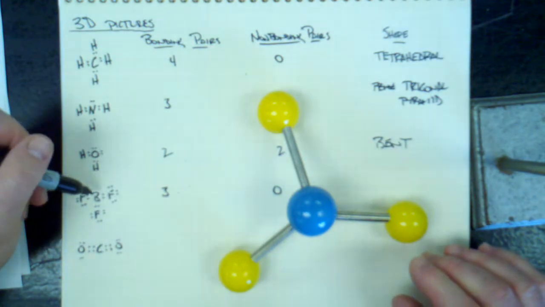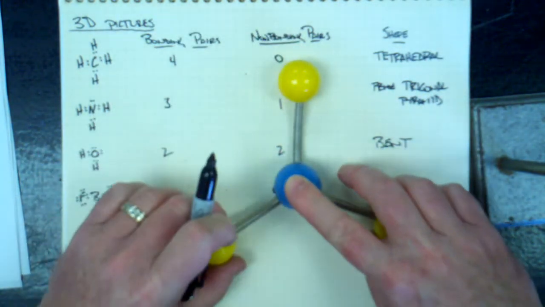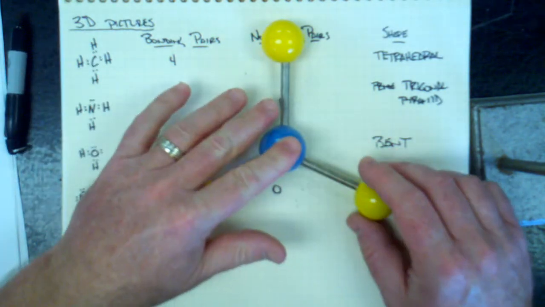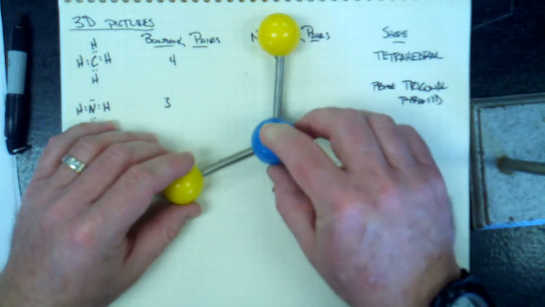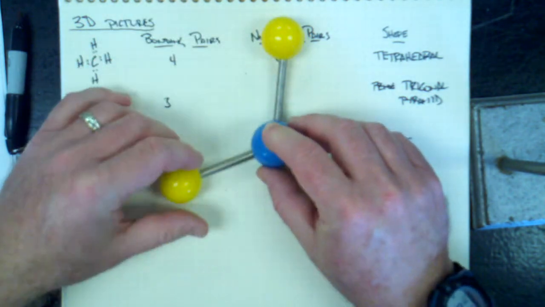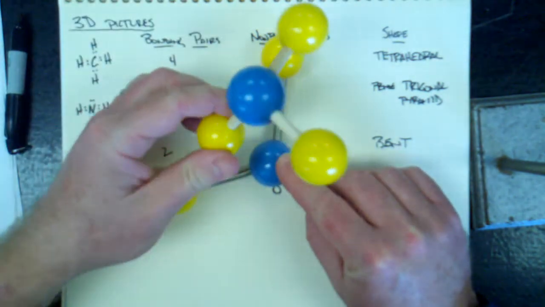Because there are no electrons up here to push these down, what happens is these guys all push themselves away to be flat. And I put springs in there to make it go flat. Otherwise, it would look just like this one.